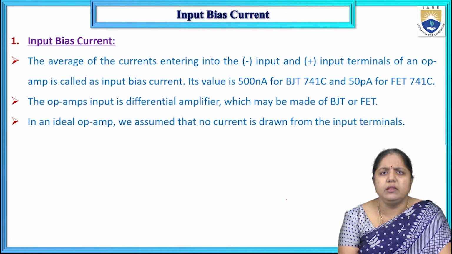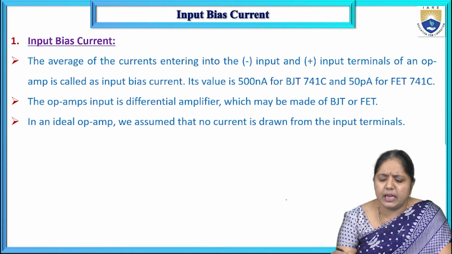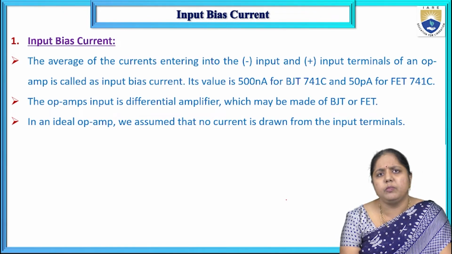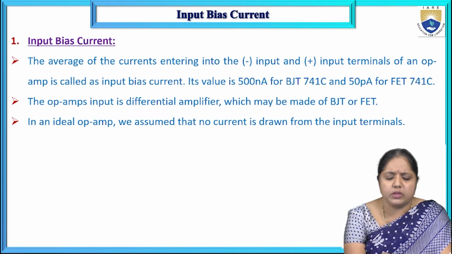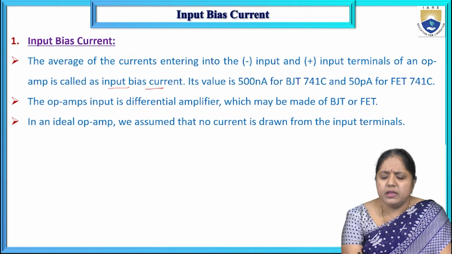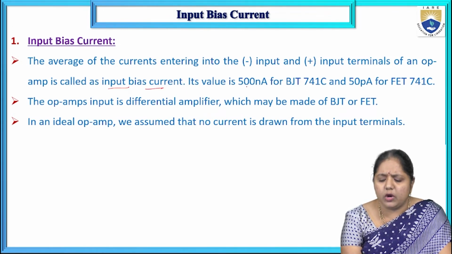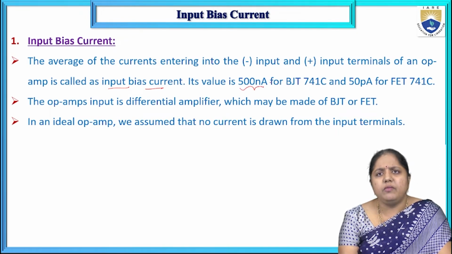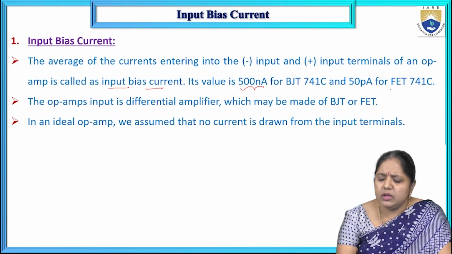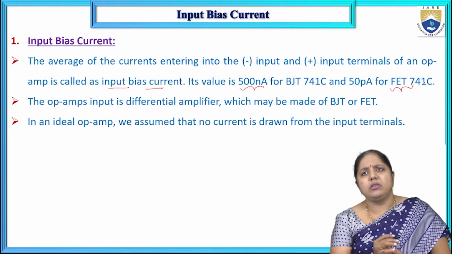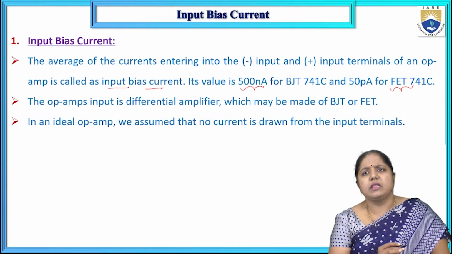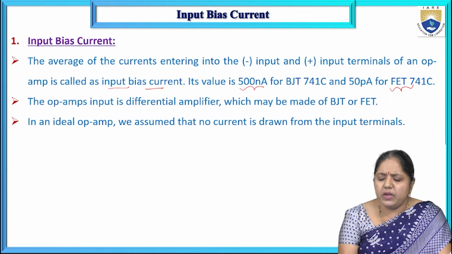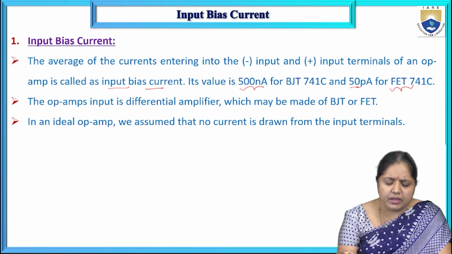The value of the input bias current for the 741 op amp is of the order of 500 nanoamps. If you consider a field effect transistor, the average input bias current is 50 picoamps.